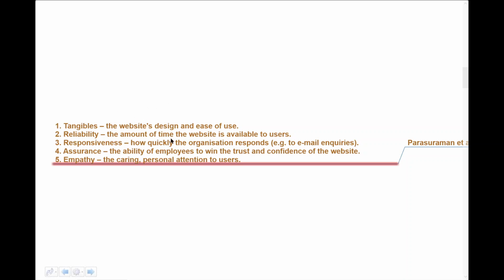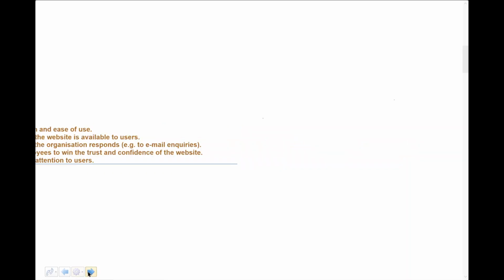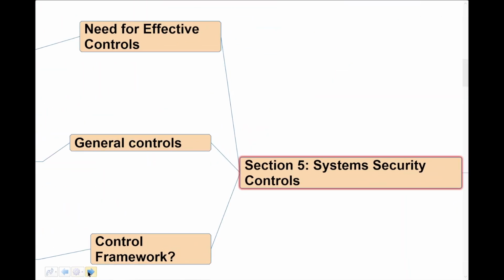Outside of that, obviously, reliability, downtime is a big problem. Responding, as we said up top, to customers, to email inquiries quickly helps. In addition to that, obviously, the attitude and indeed ability of employees, and indeed outside of that, personal attention, caring, empathy.